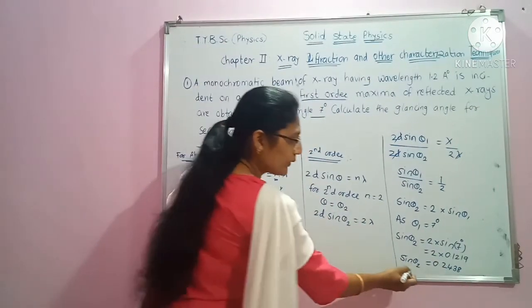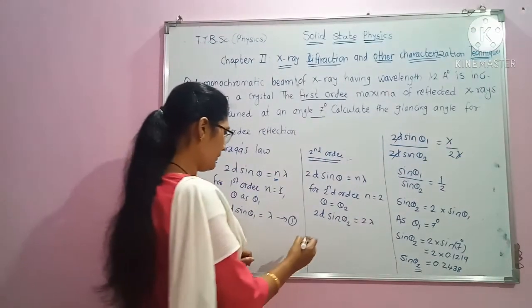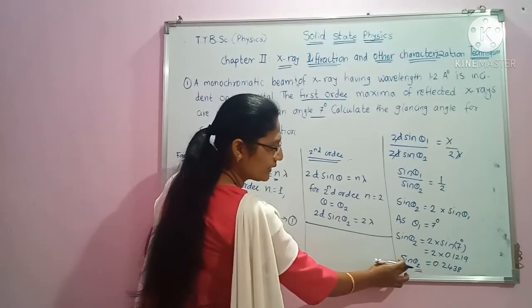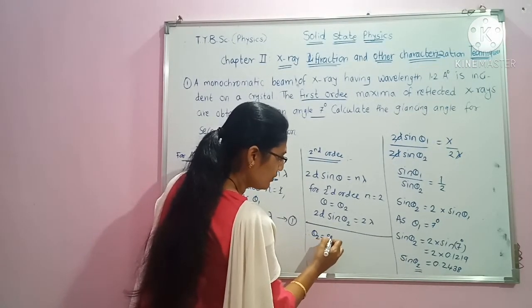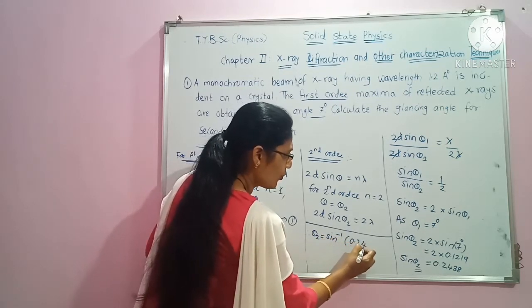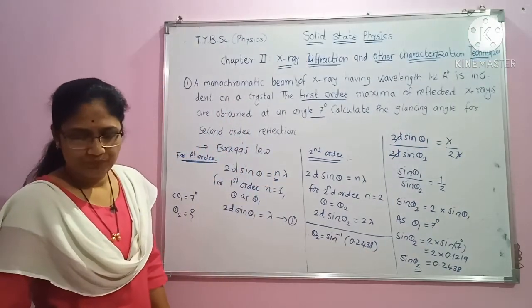But we have to calculate the value of theta 2. As we have to calculate the value of theta 2, hence theta 2 is equal to sin inverse of 0.2438.